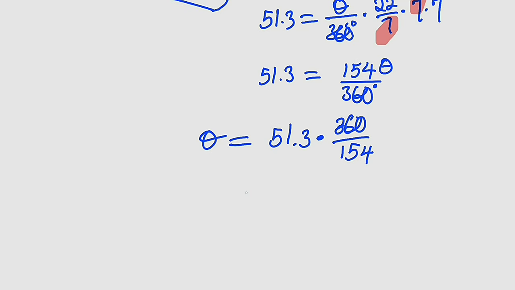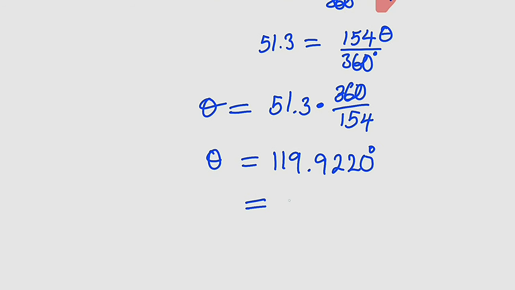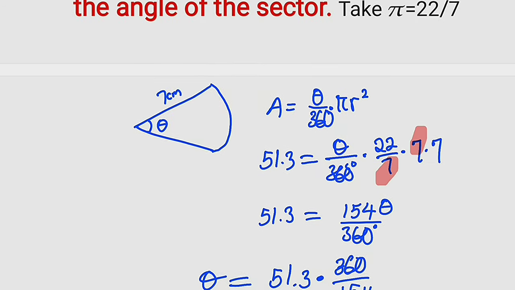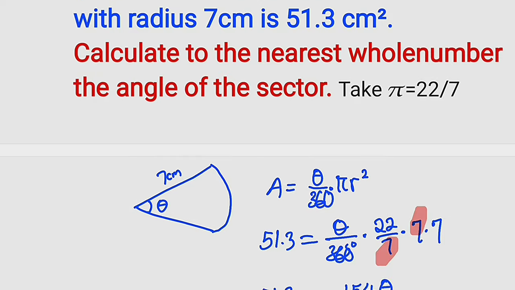If you do that, you're going to get 119.9220 and so on. But remember that they said to the nearest whole number, so we have to approximate it to 120 degrees. So theta is 120 degrees for question number 43.